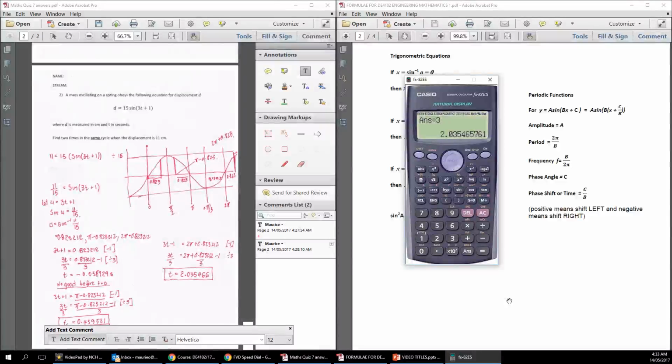Okay, and that's what t there equals, 2.035.